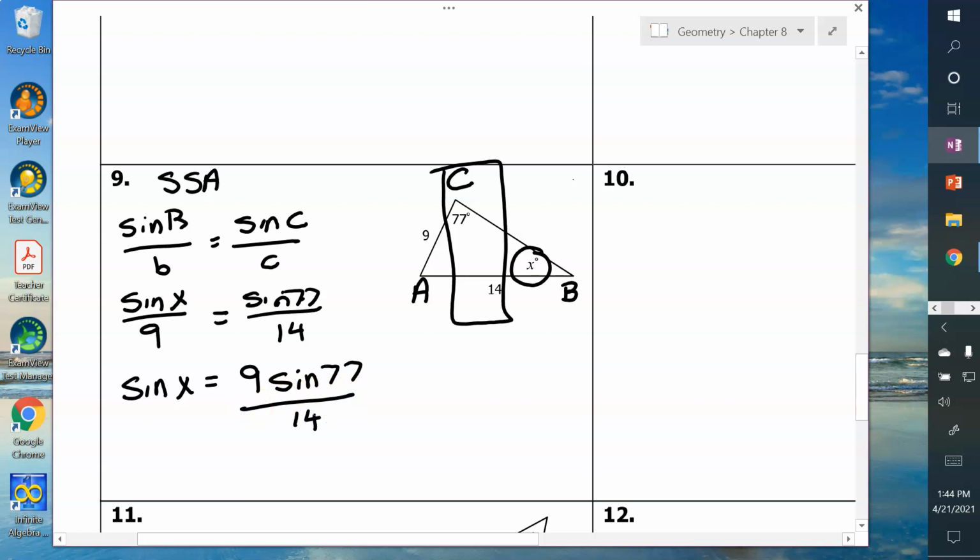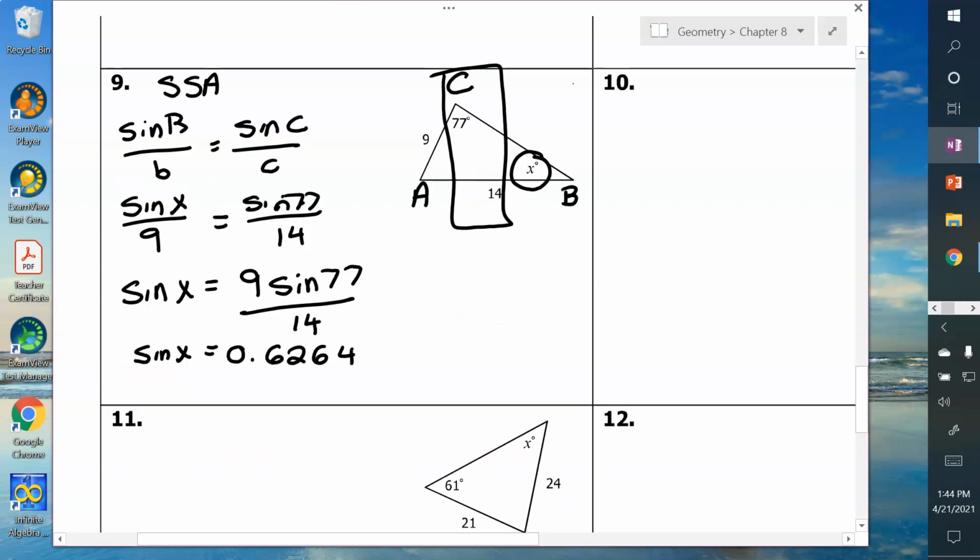So when I get my calculator, I'm going to do 9 times sine of 77, and I'm going to divide that by 14, and I get sine of x equals 0.6264. Now, because I need to solve for x, I have to use inverse sine.